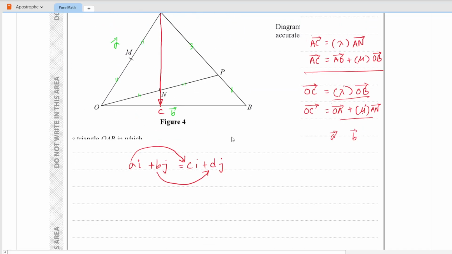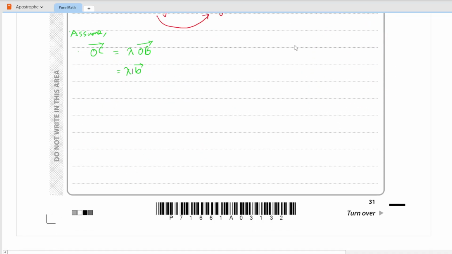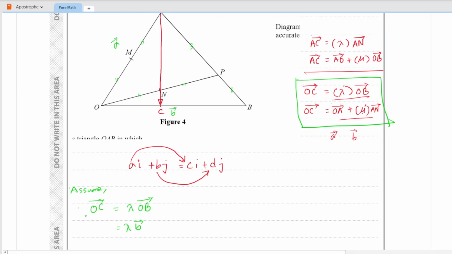Let's get started with the question. So I'm going to follow this one. Okay, since we won't have to do an extra step, so I'm following this one. So OC is equal to, assume OC is equal to lambda OB. Now lambda and OB is equal to b, and that is equation number 1.